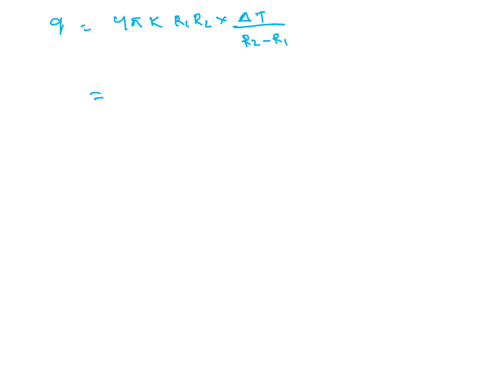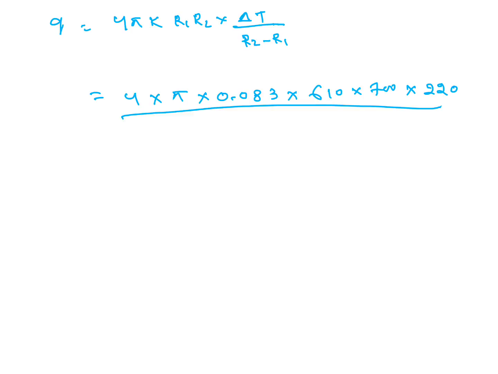So it's 4 into pi into K, 0.083, R1 is 610 into R2 700, into delta T is 220, R2 minus R1 is 90. So 0.083, you divide by 1000, it will become 83.